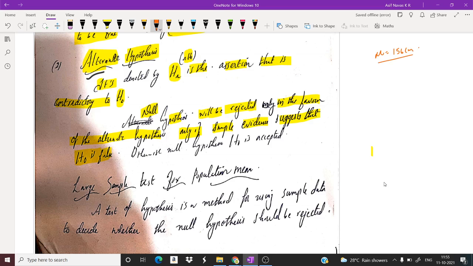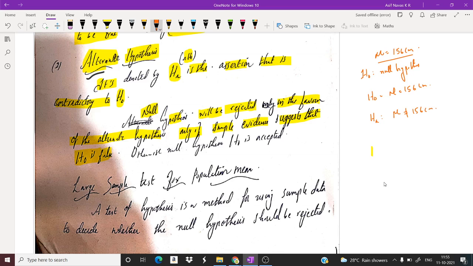This is our assertion about the population, so we can take it as the null hypothesis: H naught, mu equal to 156 centimeters. Now we can take the alternative hypothesis that mu not equal to 156 centimeters.